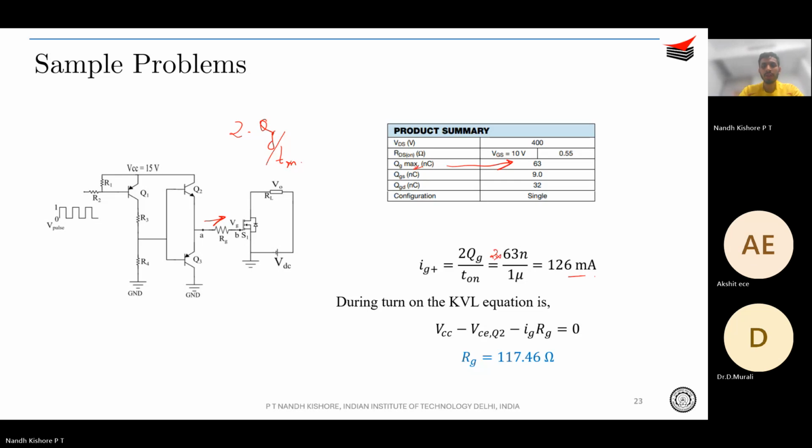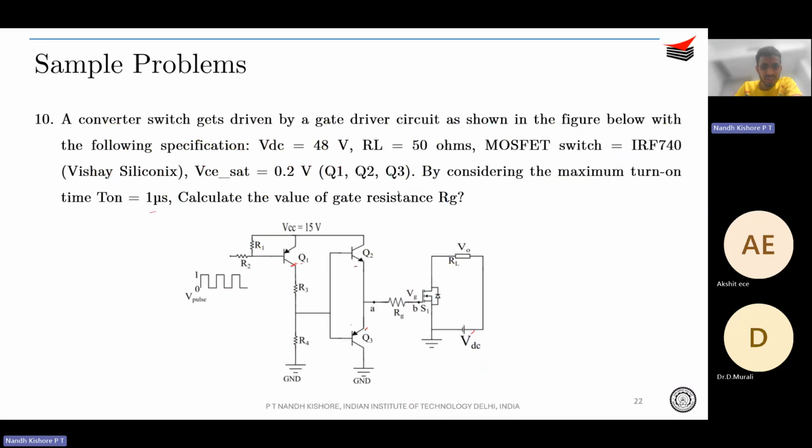During turn on, the KVL equation would be something like this: VCC minus VCE of Q2 minus IG RG. So you substitute all of that over here, you will get RG. VCE of Q2 is also given in your question as 0.2 volts.